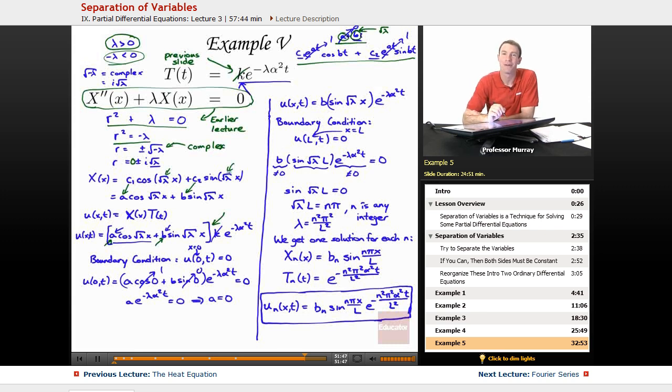Also, our variable now is x instead of t. We used t before, but now we're using x. And I also wanted to change the constants C1 and C2. I wanted to call them A and B, a new A and B. So it's a little confusing with the different variables. I apologize for that. There's nothing very deeply mathematical going on. I'm just quoting the solution from the earlier lecture on complex roots.